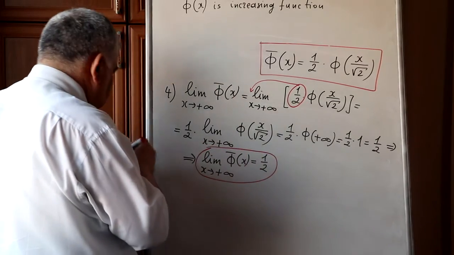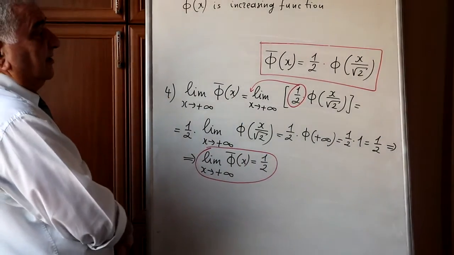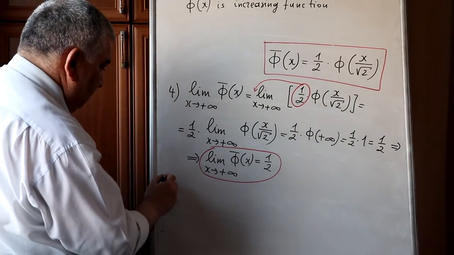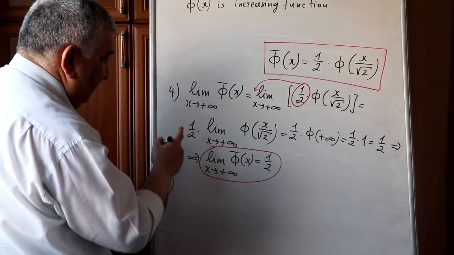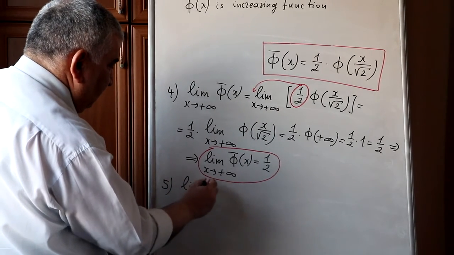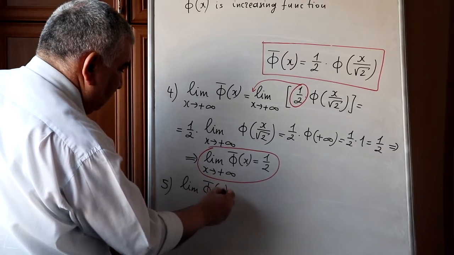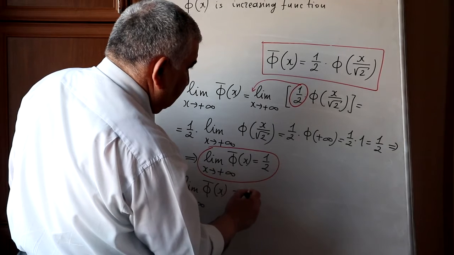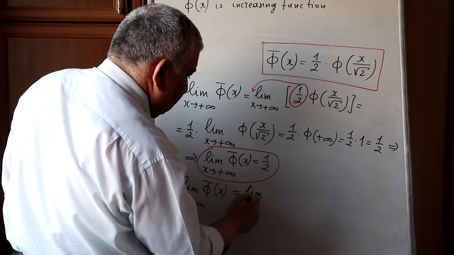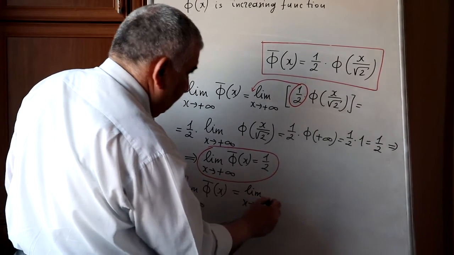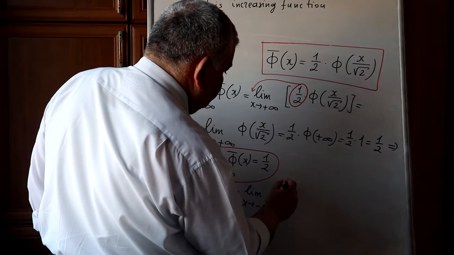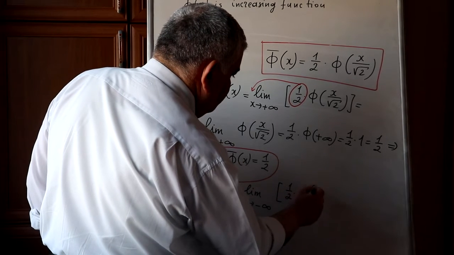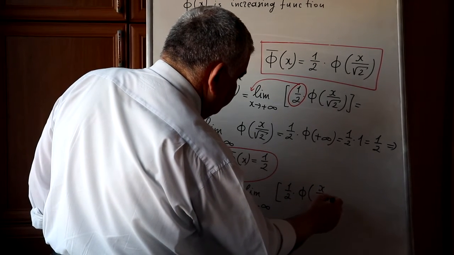And finally, investigate the behavior of the Laplace function at minus infinity. Find the limit of this function when x tends to minus infinity. Limit of phi bar of x when x tends to minus infinity equals the limit when x tends to minus infinity of 1 second multiplied by phi of x over square root of 2.